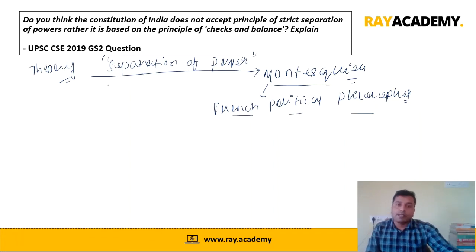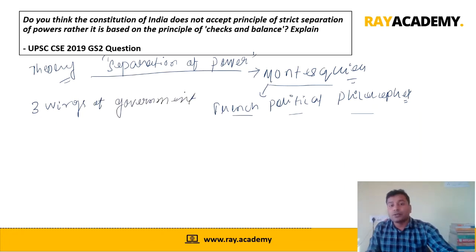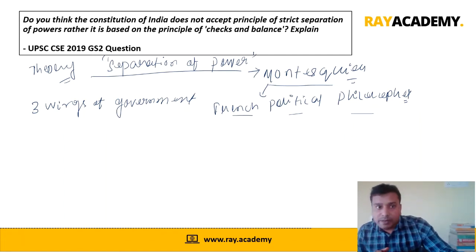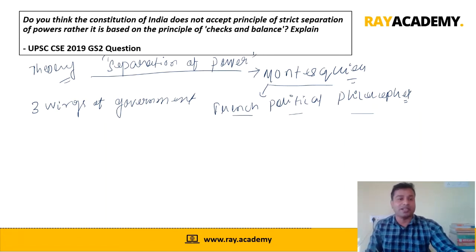Now, what exactly did he say in the theory? He told that the three wings of government, I'll make sure that you understand each and every bit. Generally, my style of teaching is to engage and use a nutshell storytelling way, so you are going to enjoy.